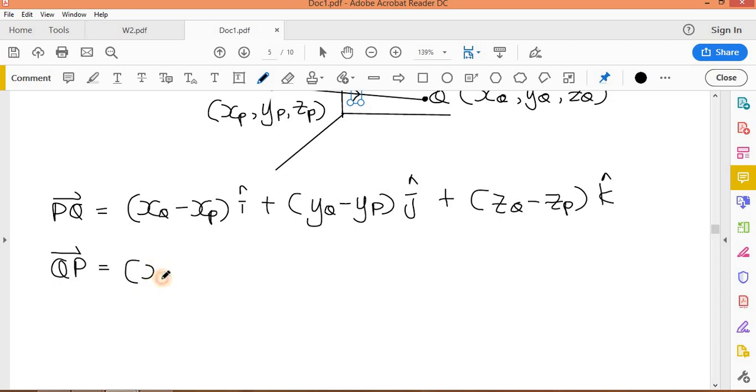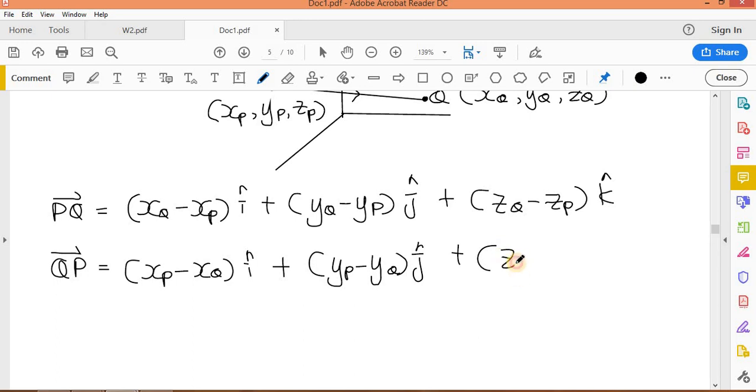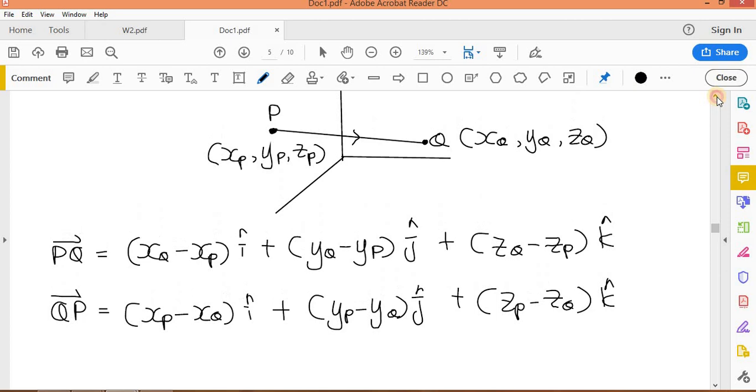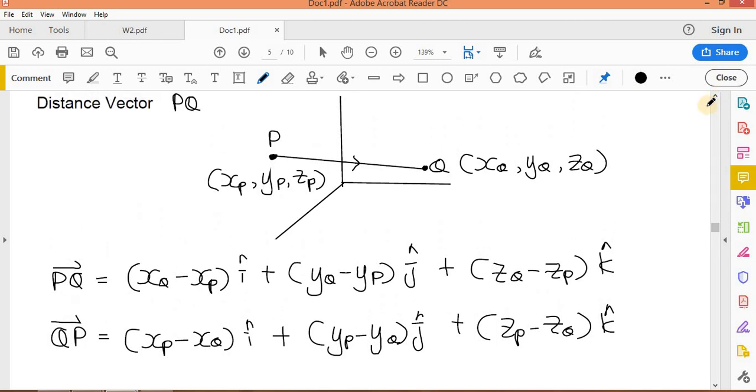So it will be xp minus xq, plus yp minus yq, and plus zp minus zq. So you have to read the question properly and identify which one they want. Okay, so this is the distance vector.